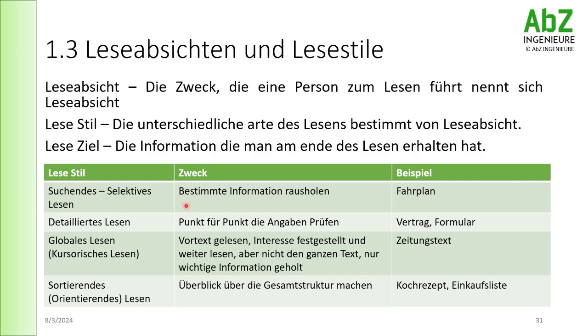So the main reason or the Leseabsicht here is searching for particular information. So for example, Fahrplan, train station. You just don't go into details, you just find out which train you want to board and you find out the information.